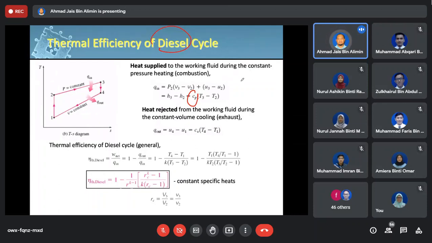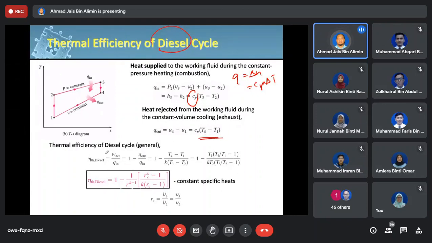For this one, the amount of energy that we need to calculate is based on the value of Cp, and Q is delta H, the enthalpy, which is equal to Cp delta T. Okay, so please identify the differences. However, the heat rejection is still happening at constant volume.